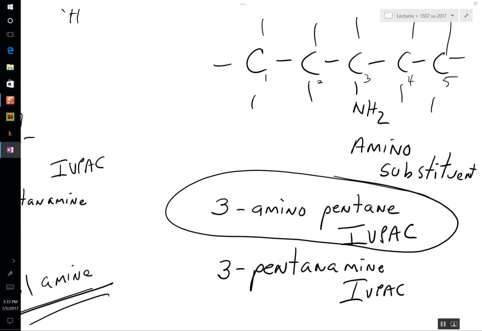And you can see the book will use both means. It'll take you through both ways of naming them. So if on the exam you see a molecule, here's an amine, and it says name it, or what's the correct name of this amine, and you give me either 3-aminopentane, actually it'll mostly be multiple choice, so you're going to have to look for an acceptable name for that molecule.